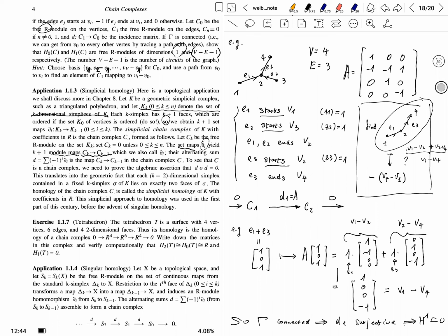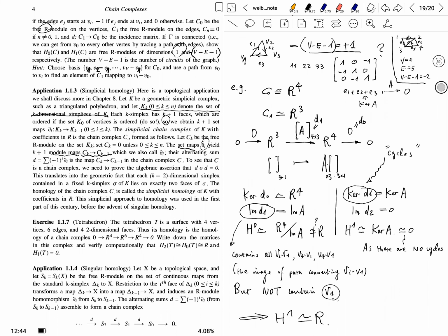So if you have a path which is mapped to 0, which is by definition the kernel, it means that you have a circle. For example, if you have a situation like this, a circle which is E1 to E2 to E3, this E1 to E2 to E3 will be mapped to 0 because it's mapped to V1 minus V2, V2 minus V3, V3 minus V1, and summing them together gives you 0.